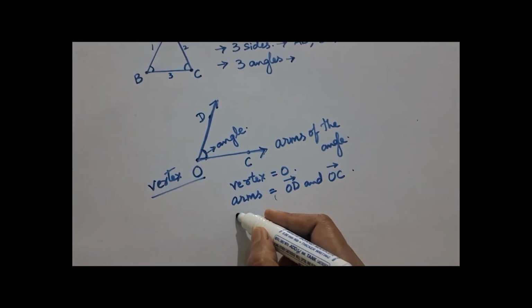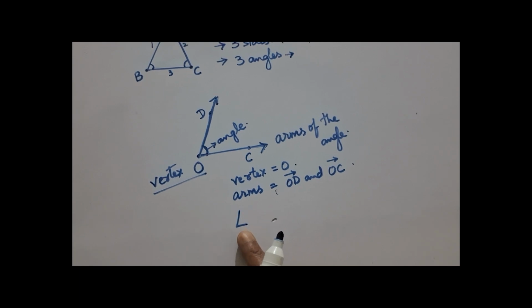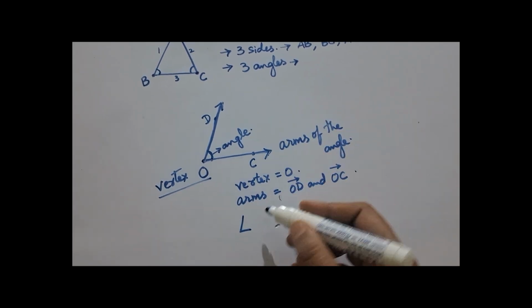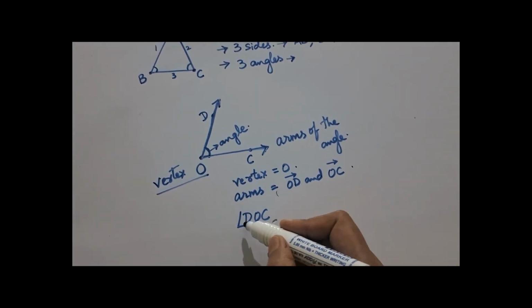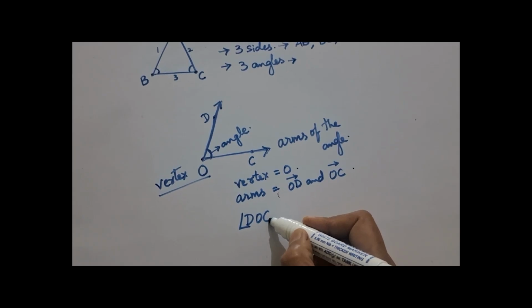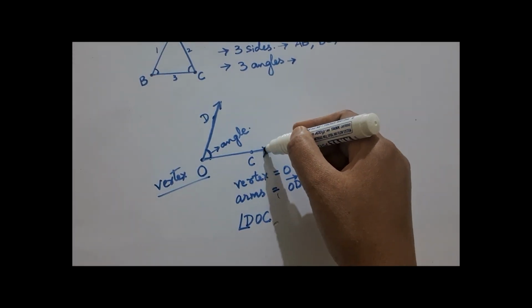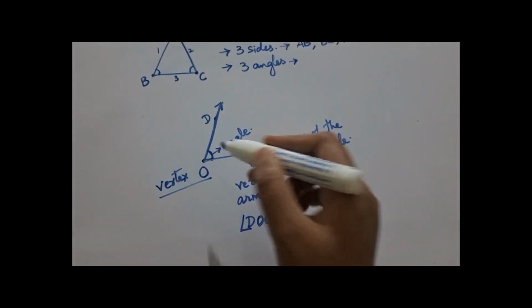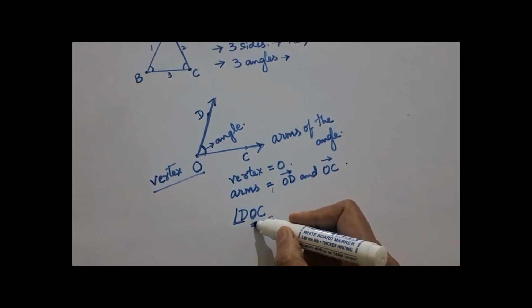This is the symbol of angle. Right? So this angle is named as angle DOC. D and C will be the points on both the rays. And the vertex should be in the middle.